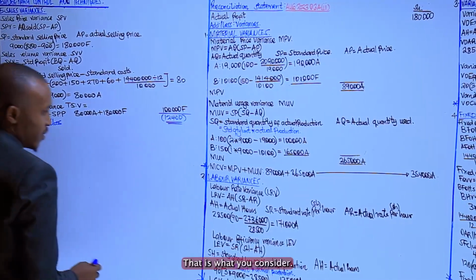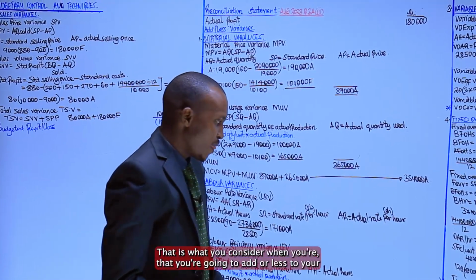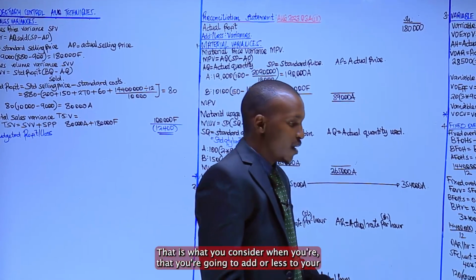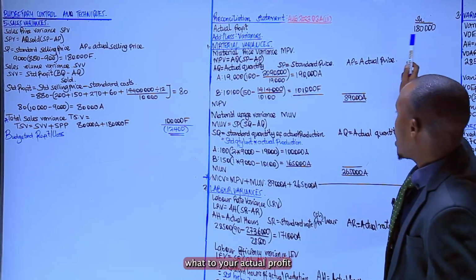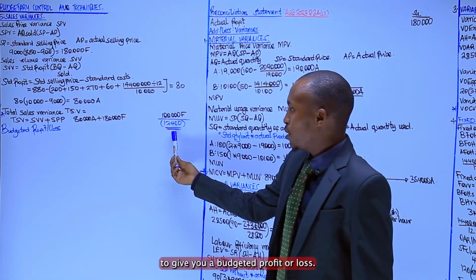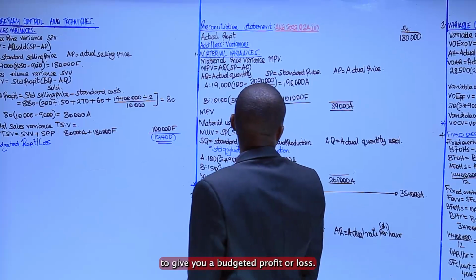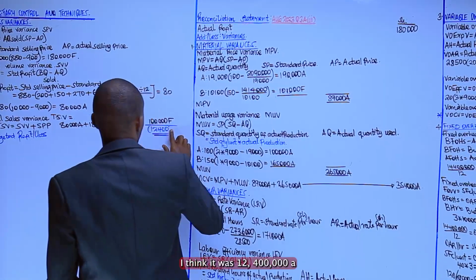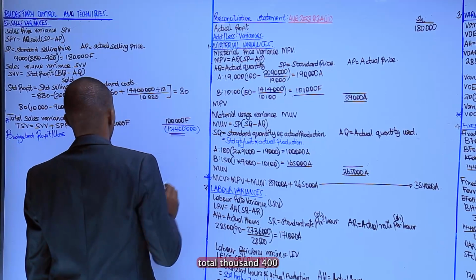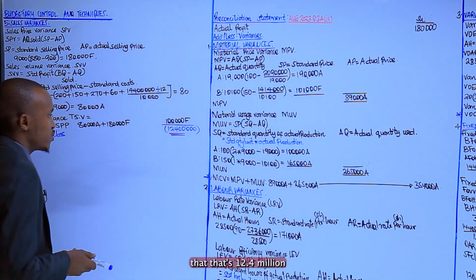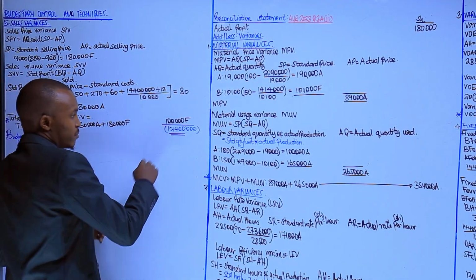That is what you consider when you are going to add or less to your actual profit to give you a budgeted profit or loss. I think it was 12,400,000. It was 12,400. It was 12.4 million.